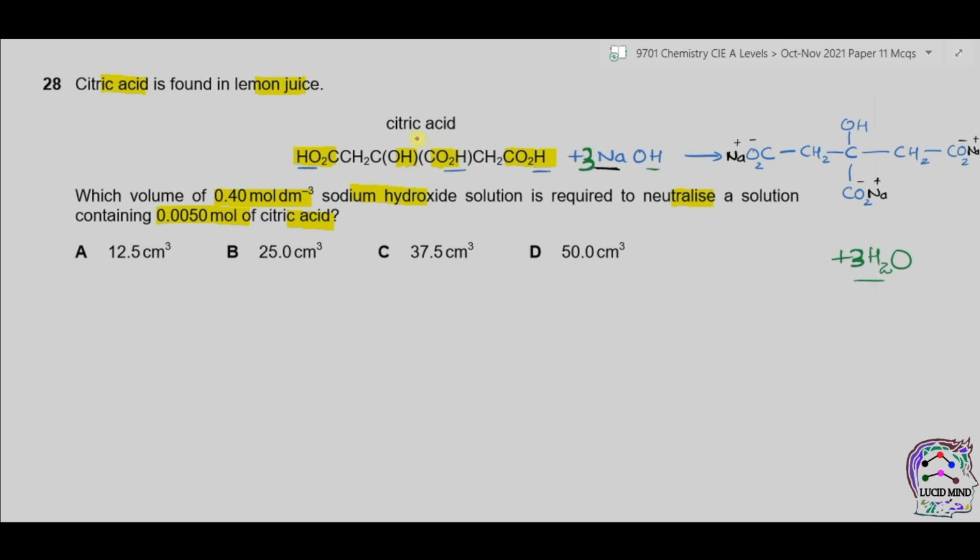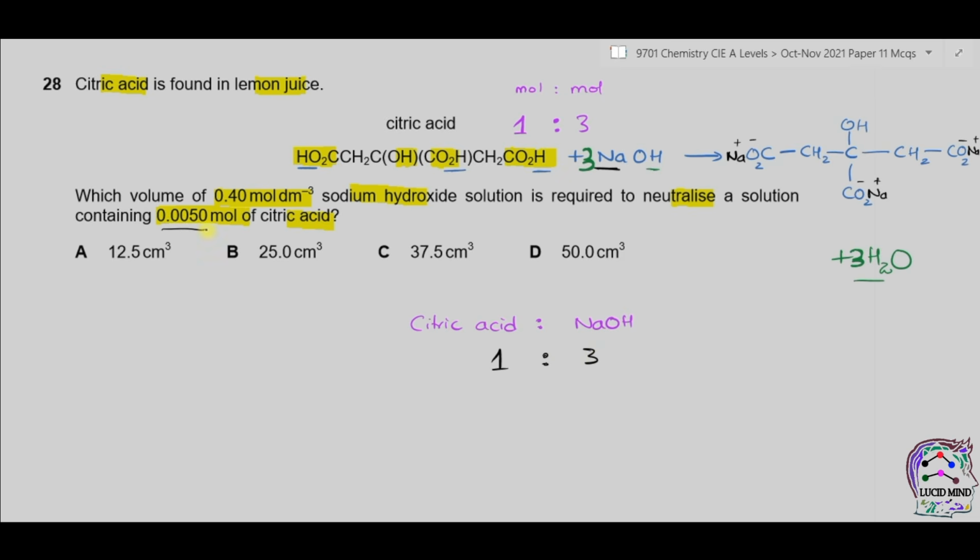Now we can see that the ratio of citric acid to sodium hydroxide is 1:3. Now for 1 mole of citric acid, 3 moles of sodium hydroxide are required.